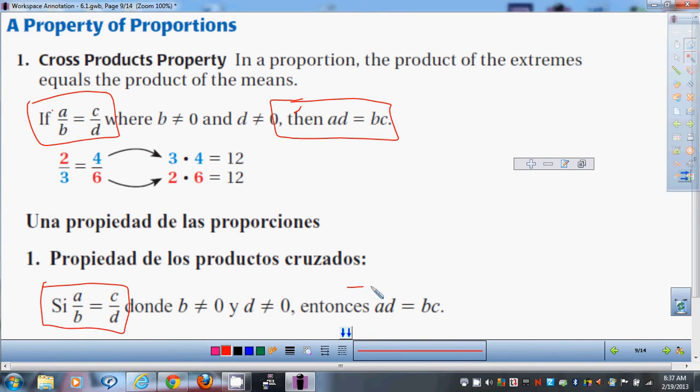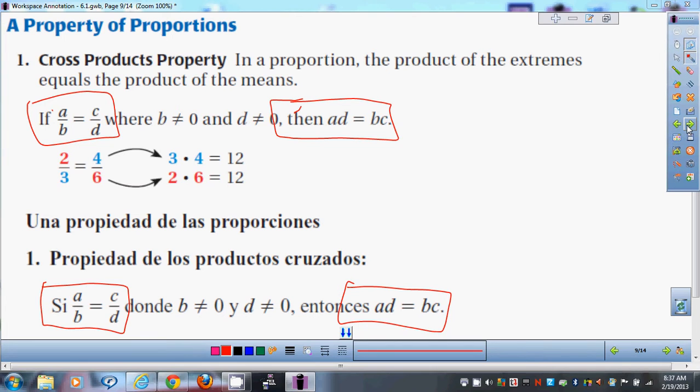And we'll look at an example in just a moment. Sometimes it'll just give you a full proportion with 4 numbers, and all you have to do is see if it's true. And sometimes it'll give you a variable, and you have to see if it's true.